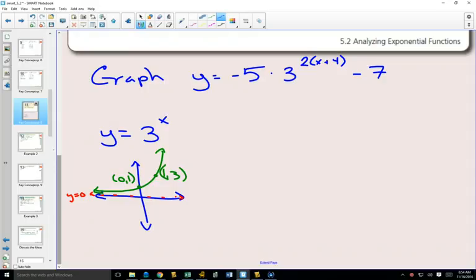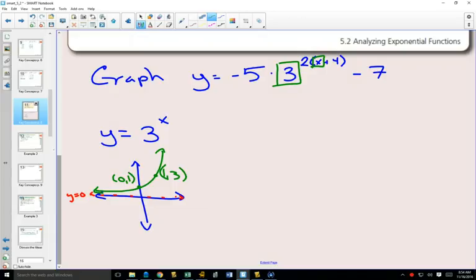The other thing I like to do with exponential graphs is after I've determined what my parent graph is, I go back to my original equation, and with a different colored pen or something, I sort of box off that parent graph. I put a box around the 3 and a box around the x, because one thing that's different about an exponential graph is there's a number that's part of your parent graph. That 3 is part of your parent graph.